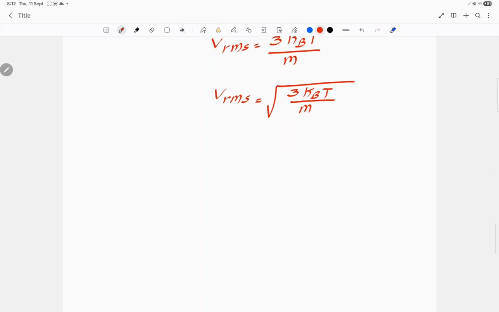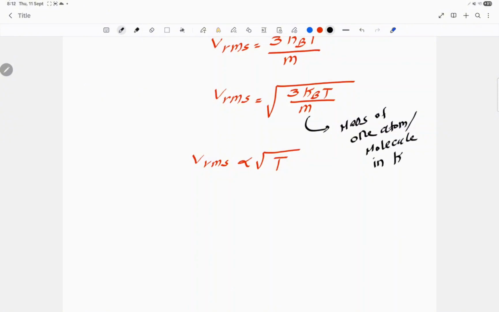Okay, now what this shows us is that the v rms will be directly proportional to the square root of temperature. And by the way, here the m is equal to the mass of one atom, or the mass of one molecule, and the unit is going to be kilograms.